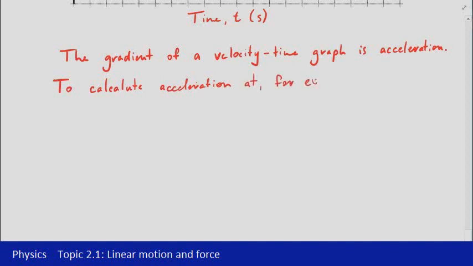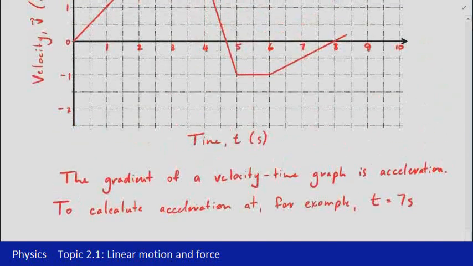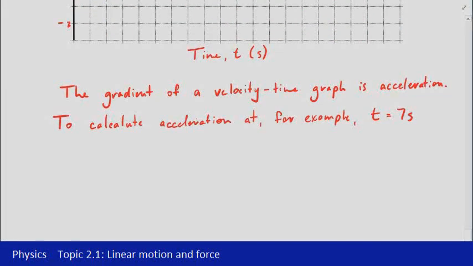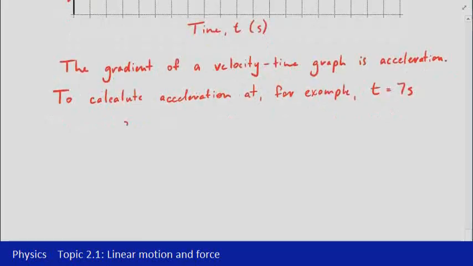In that scenario, if we're looking for the acceleration at this point in time here, then we can look at the gradient of that slope section, and so we use the extremes of that, so look at t equals 6 to t equals 8, and the calculation would be as follows.